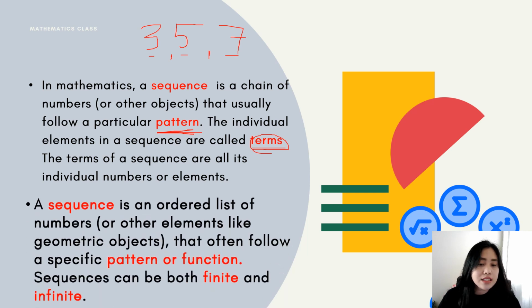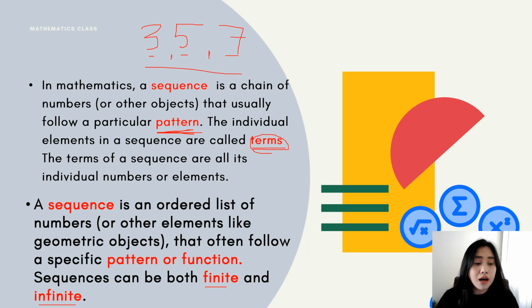A sequence is an ordered list of numbers or other elements like geometric objects that often follow a specific pattern or function. Sequences can be both finite and infinite. Finite kung ang bilang ng mga elements ay limitado lamang. Sa aking halimbawa, 3 lamang ang elements na ito.